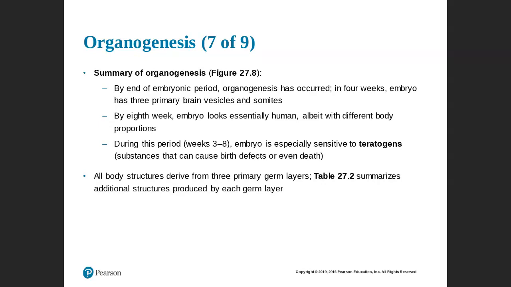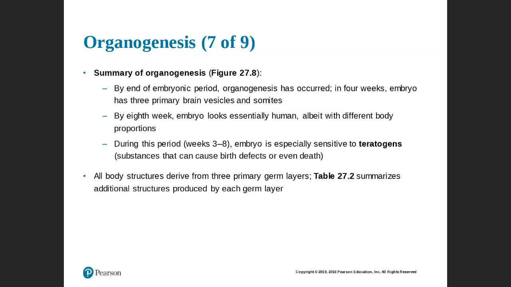During that period, week 3 through 8, the embryo is especially sensitive to teratogens. A teratogen is any harmful drug, medication, or agent, whether given by a doctor or any kind of healthcare professional, that causes damage to the fetus. Those are called teratogens, substances that can cause birth defects or even death.